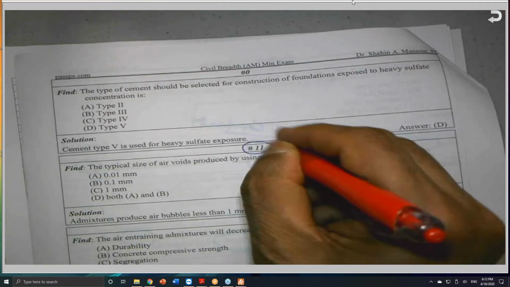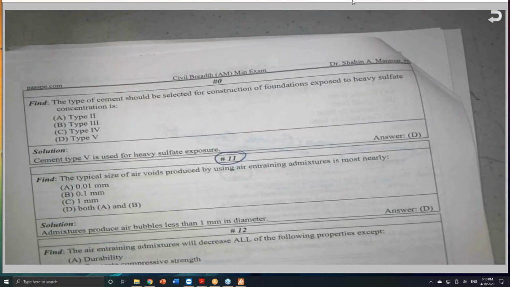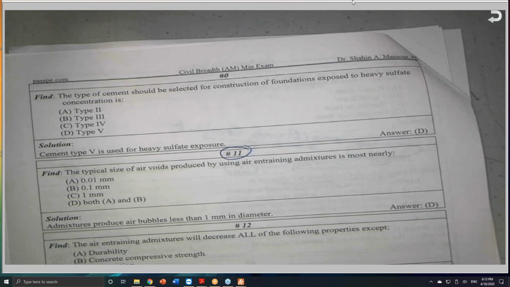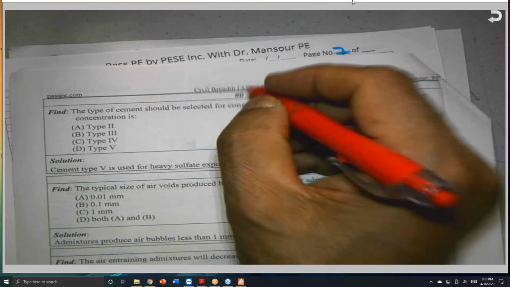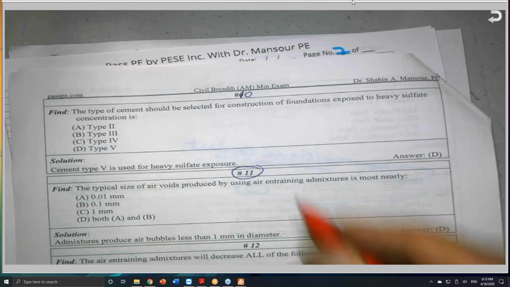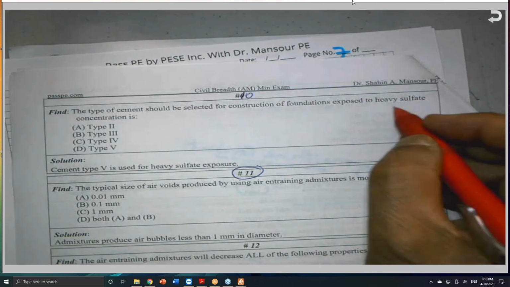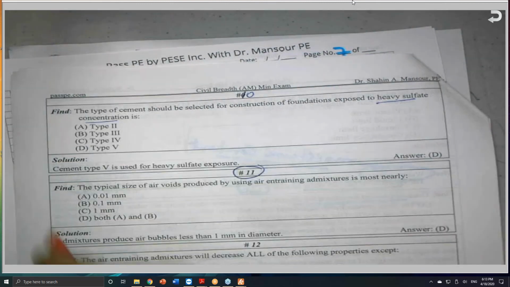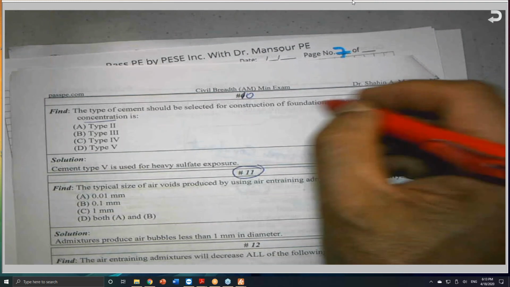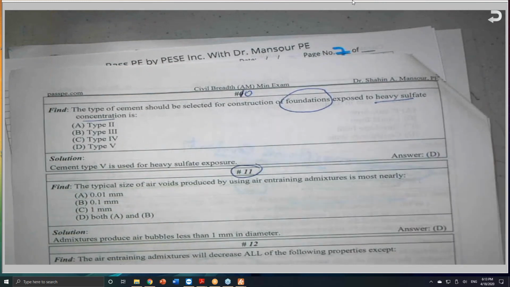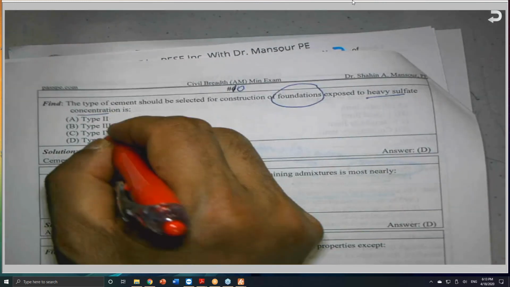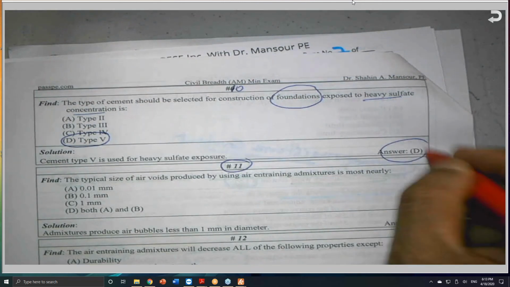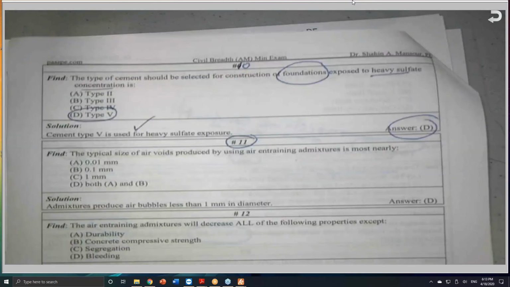No, here it is, question number 11. But before number 11, number 10: heavy sulfate. If you have a foundation that is going to be exposed to heavy sulfate, obviously Type 5, which is answer D. We just mentioned it.